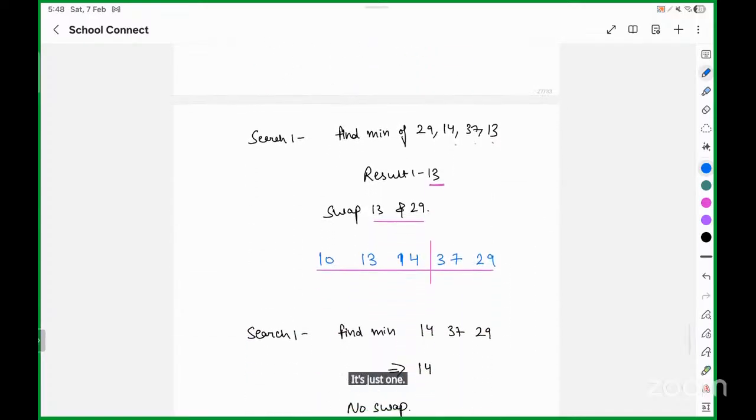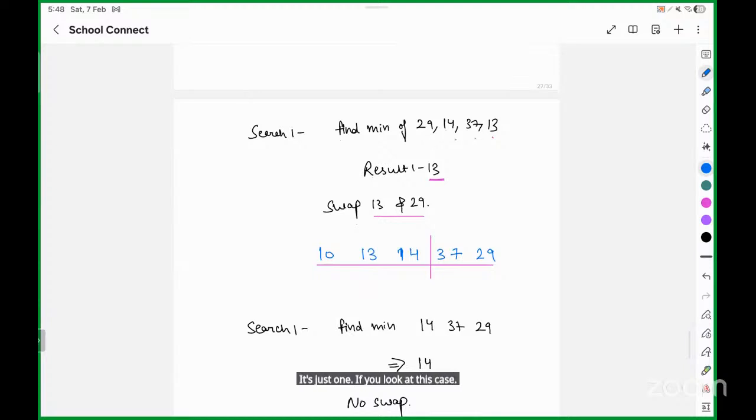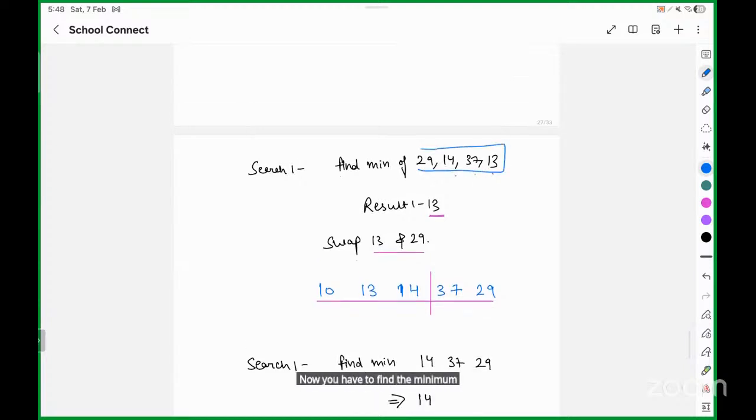If we look at this next case, now you have to find the minimum of this. First you fix your minimum to 29. Then you see that 14 is less than 29, so you change your minimum to 14. Then since 37 is greater than 14, your minimum is still 14.